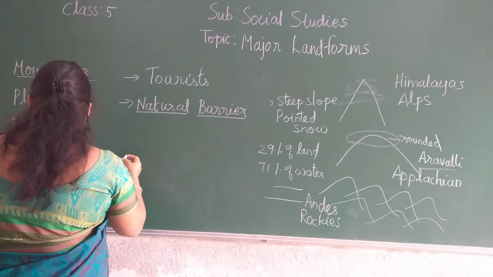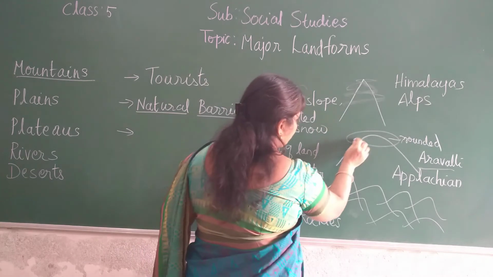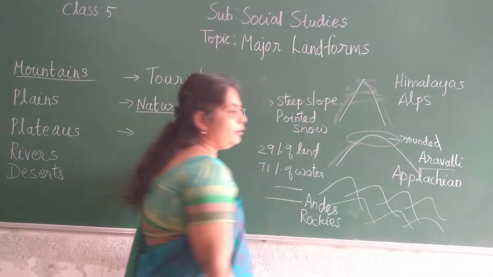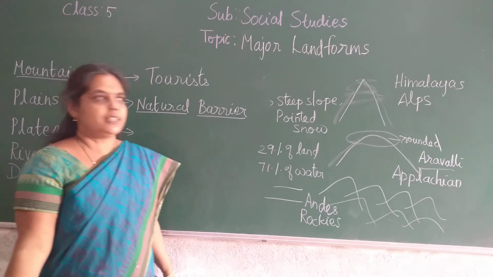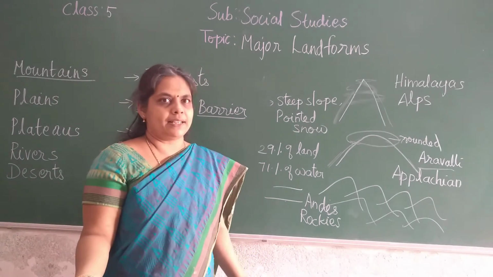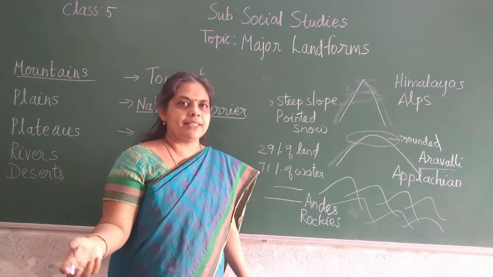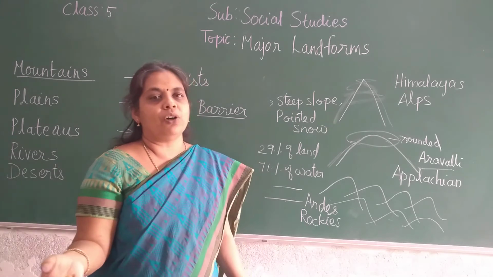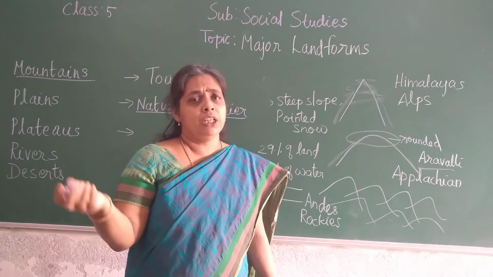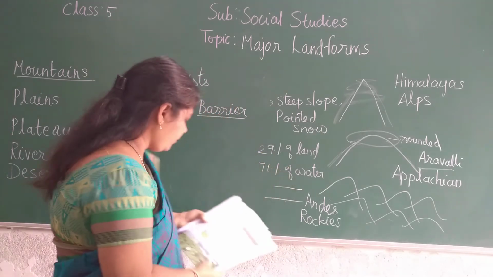The next one, the slopes of the mountains. See, imagine, children, the slopes of the mountains. Most of you would have visited hill stations and all. You would have observed green grasslands, children. That one you call pastures. It is a grazing place for cattle like goat, sheep, cow, yak. They provide food, children.